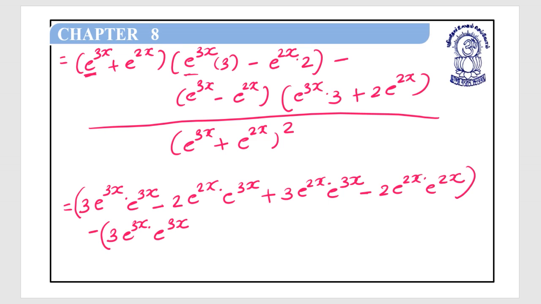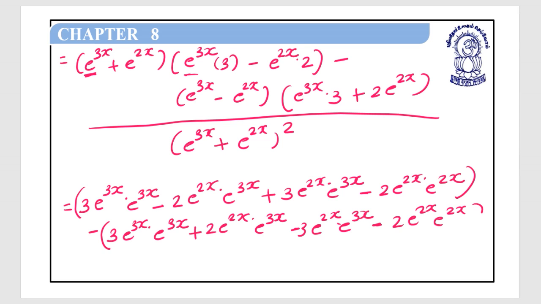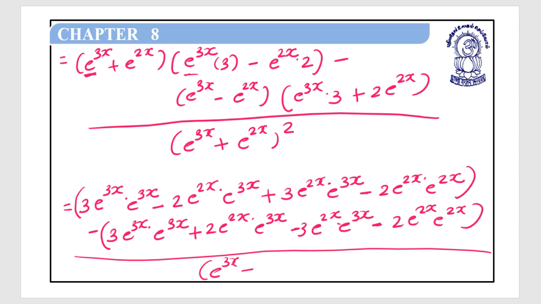So plus 2 e raised to 2x into e raised to 3x, minus 3 e raised to 2x into e raised to 3x, minus plus minus 2 e raised to 2x e raised to 2x, upon e raised to 3x plus e raised to 2x whole square.